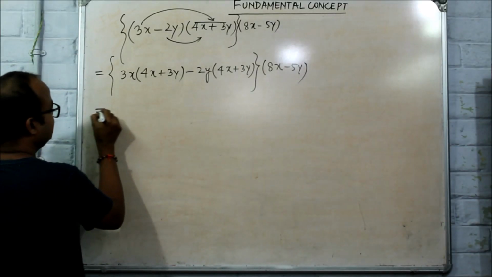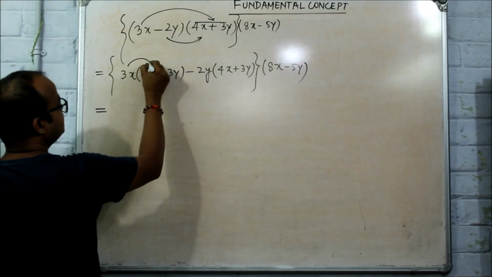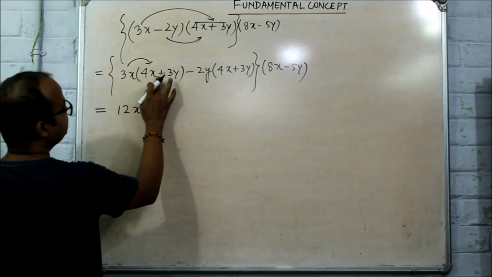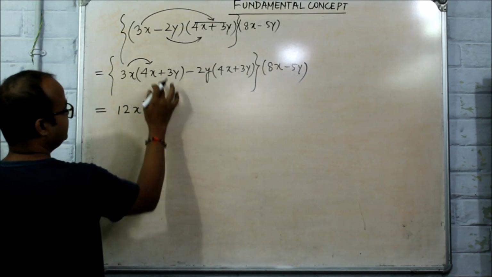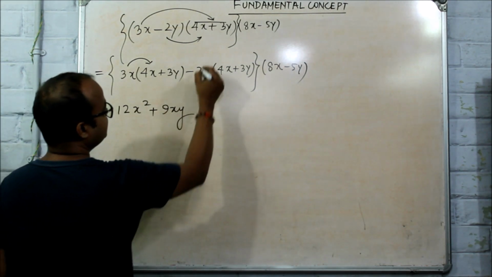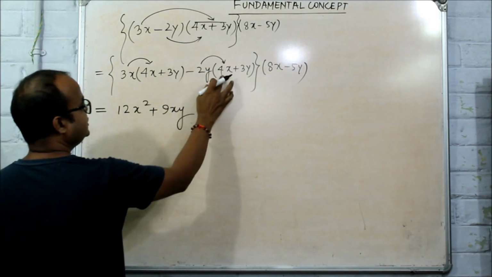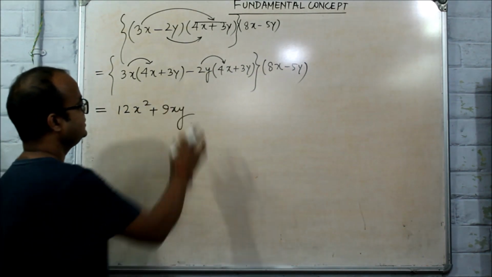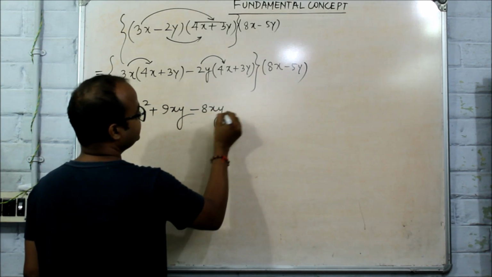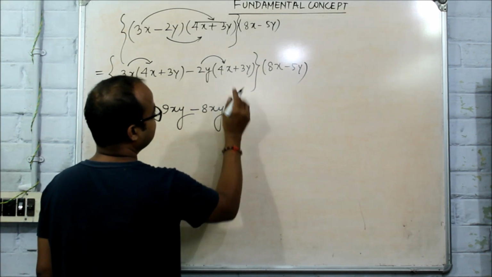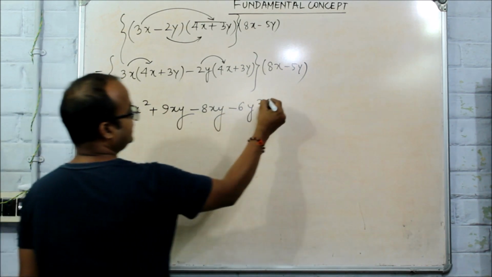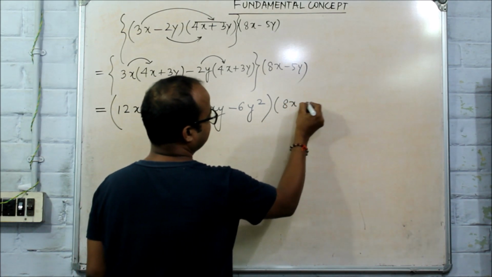So now we multiply these two. So 12x square, plus and plus, so plus 3 3s are 9xy. Now if you multiply these two, minus plus minus 4 2s are 8xy, minus plus minus 3 2s are 6y square, multiplied by 8x minus 5y.